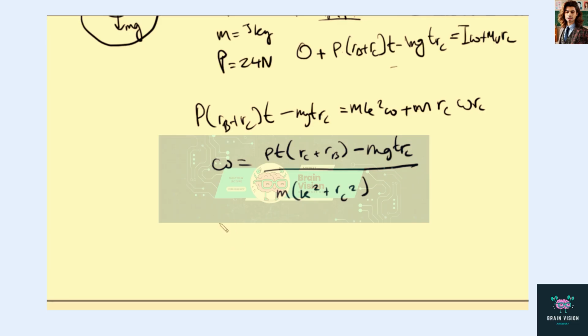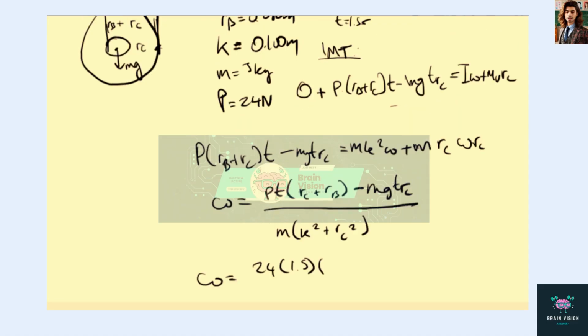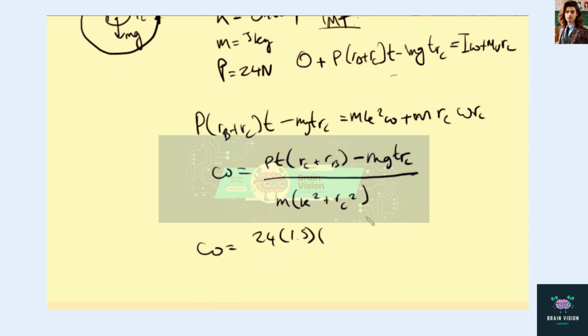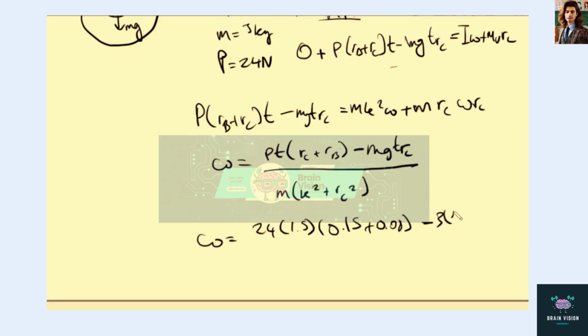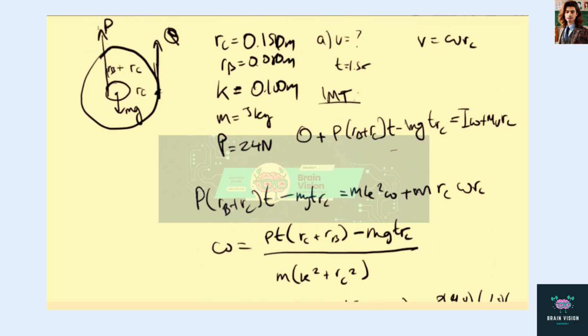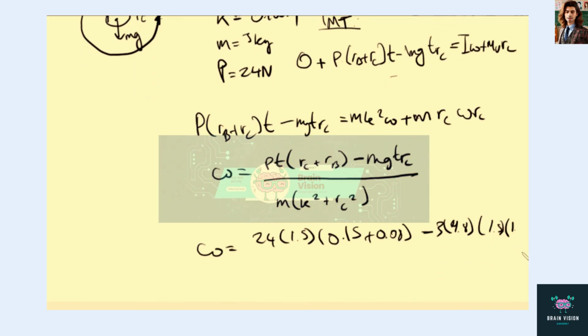So if we plug in all of our values for that, we get P is equal to 24, T is equal to 1.5 times these individual radiuses, which are 0.15 plus 0.08, minus 3 times 9.8 times 1.5 times RC, which is 0.15.